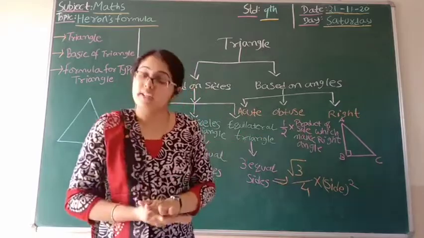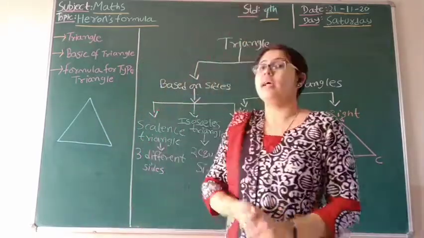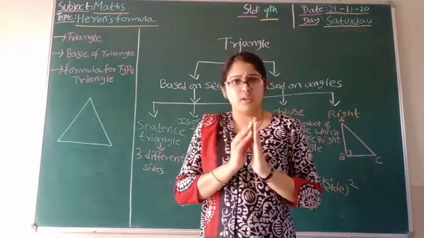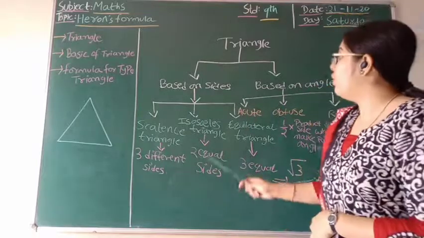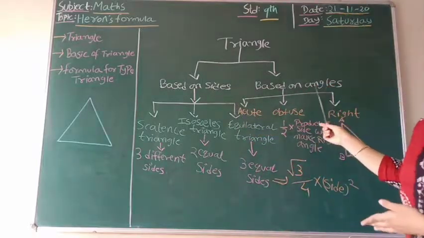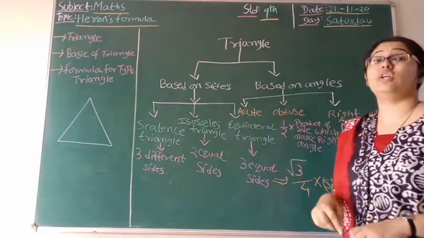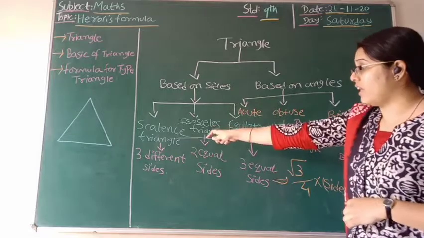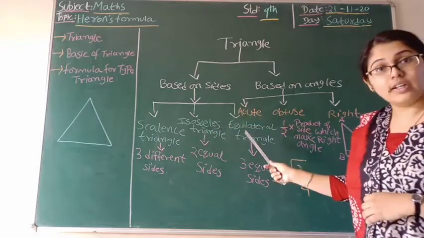So students, in this video we have seen the very basic concept of triangles, first on the basis of sides, and then on the basis of angles. On the basis of sides we can classify into three: scalene triangle, isosceles triangle, and equilateral triangle.